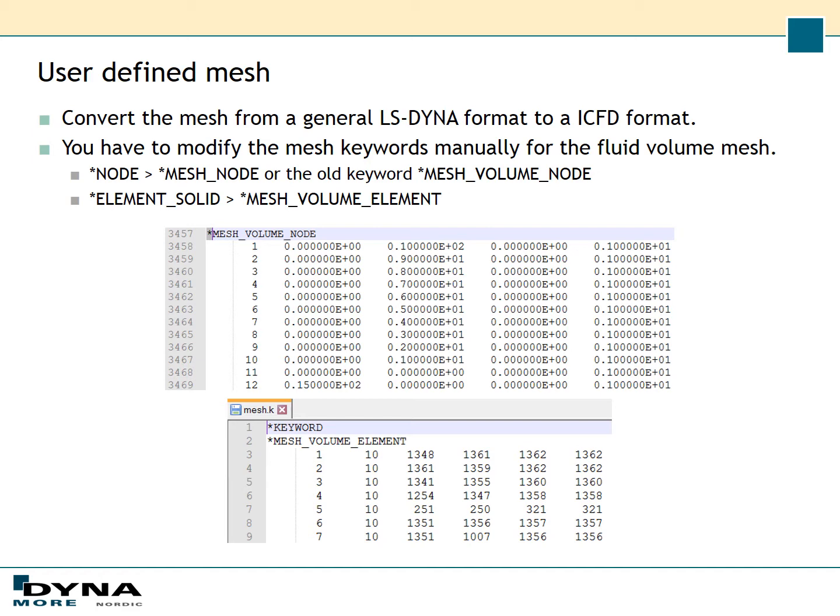So you have to modify *NODE to *MESH_NODE, or the old keyword *MESH_VOLUME_NODE, and *ELEMENT_SOLID to *MESH_VOLUME_ELEMENT. One important thing for solid elements is that you can't use the 10-noded format at the moment, so only use the 8-noded format for your solid mesh.